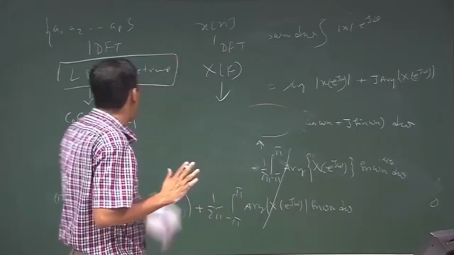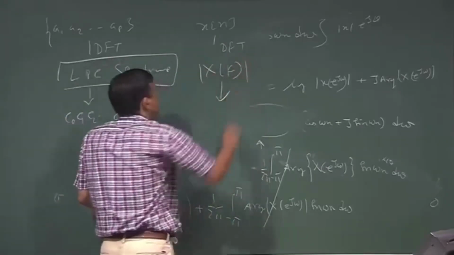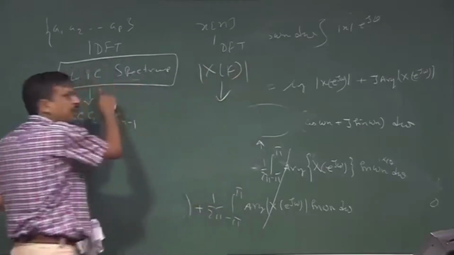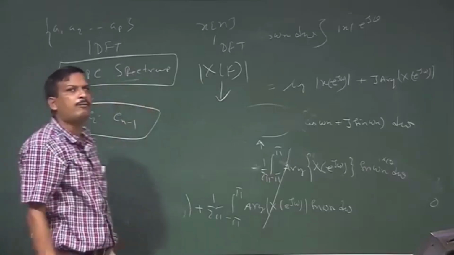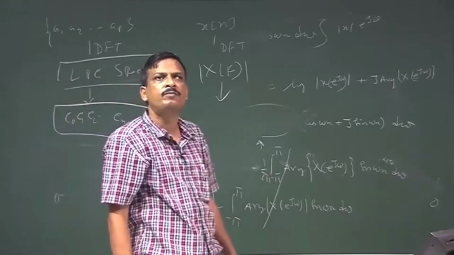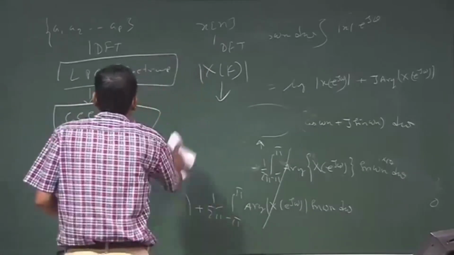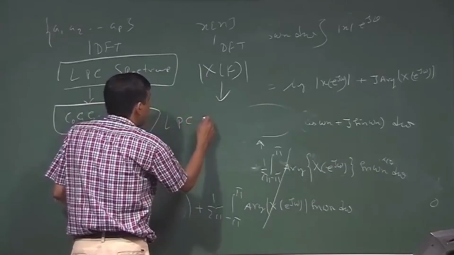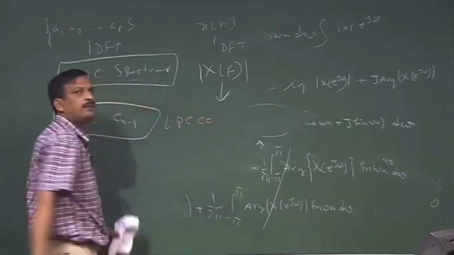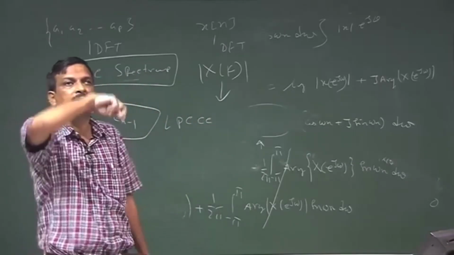Now, if instead of the signal spectrum I use the LPC spectrum, it is also possible to find the cepstral coefficients from the LPC spectrum. The parameter is called LPCC, the LPC cepstral coefficient.